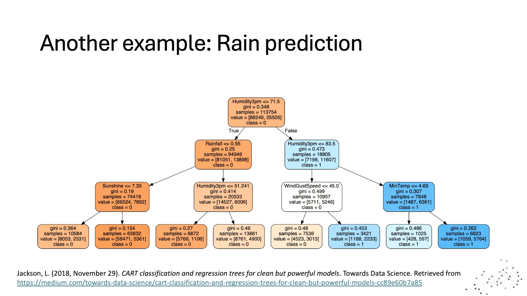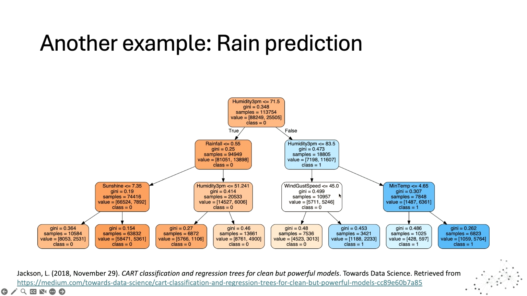If it's false, we check if humidity is less than, for example, 83.5, and then we check other conditions like minimum temperature or wind speed, so that we first divide our samples into subsamples, and we look at the classes.